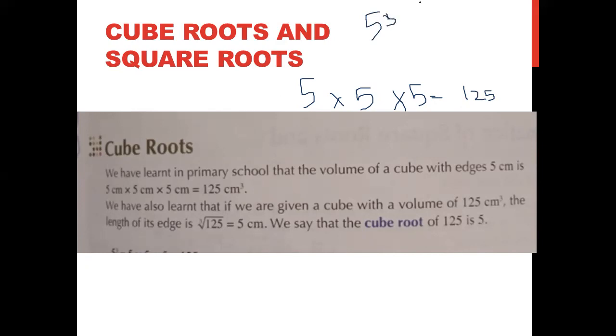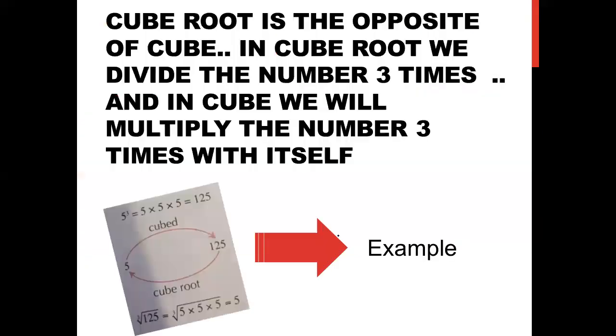Because we skipped this step. 5 cube means 5 multiplied by 5 multiplied by 5, which is equal to 125. As simple as that. No confusion, no rocket science.